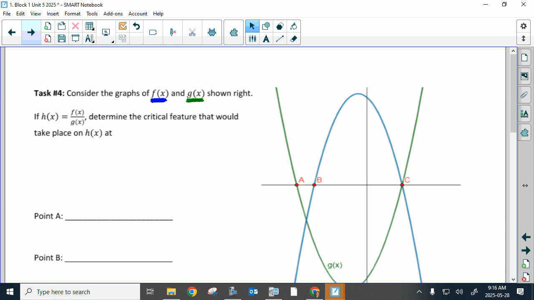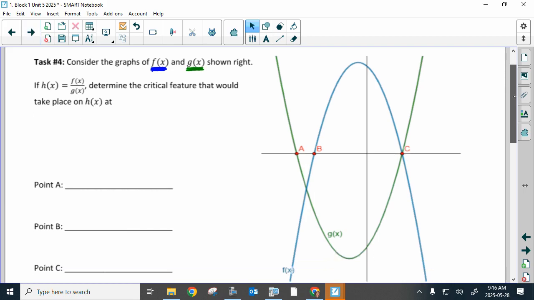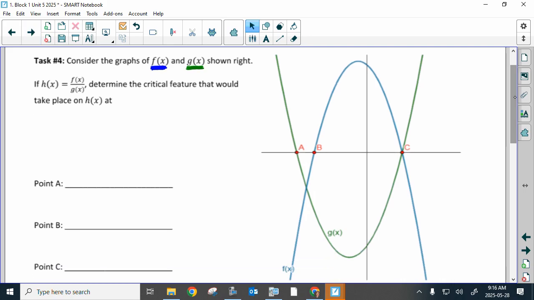So, if h of x is equal to f of x over g of x, determine the critical feature that would take place on h of x at point A, point B, and point C. I just want you guys to read it, and I actually want you guys to try it. I'm not just going to give it to you. I want you to try this.